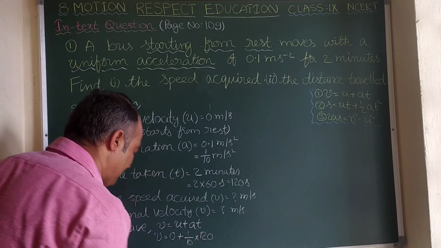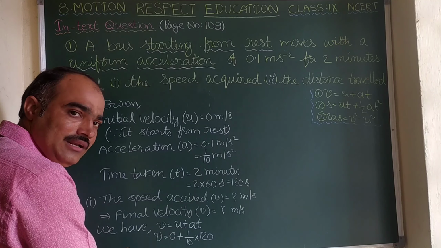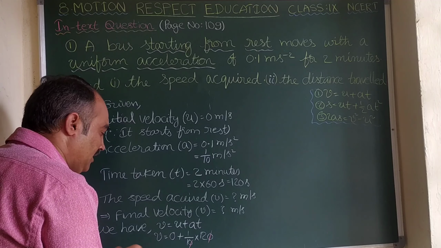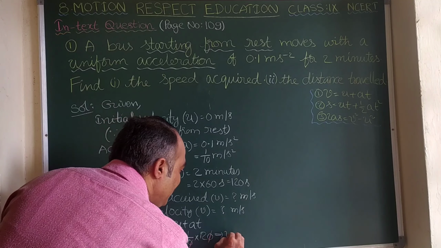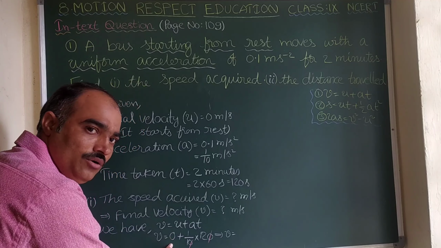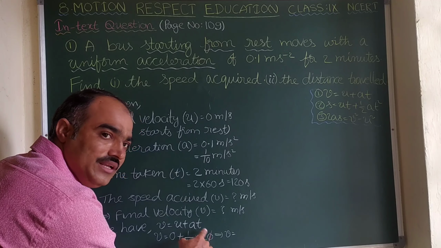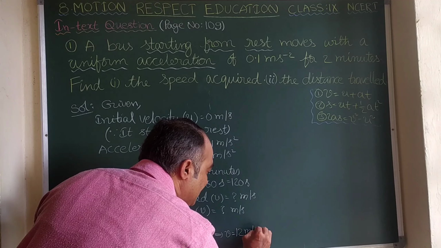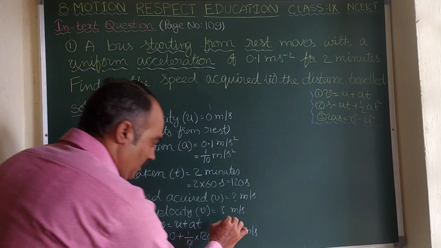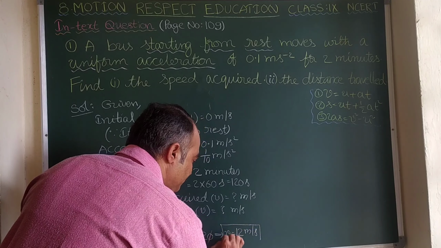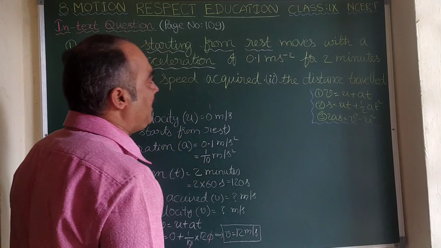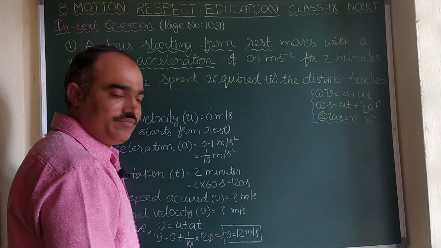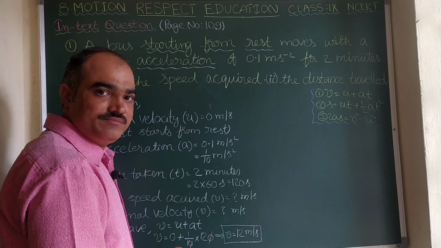Let us do cancellation here. 1 by 10 into 120, the 0s get cancelled, 1 into 12 is 12. So v is equal to 0 plus 12, that is 12. As I told you, its unit is meter per second. First bit is completed. The speed acquired by the bus after 2 minutes is 12 meter per second.